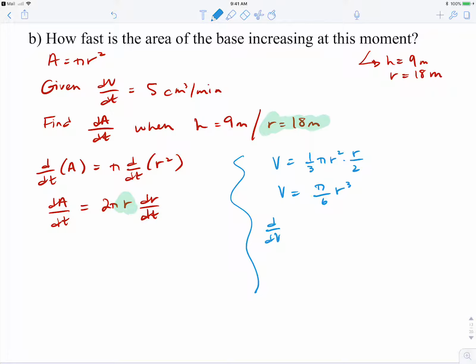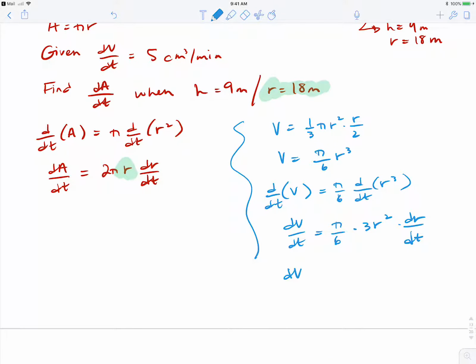If we take the derivative of this equation, we get dV over dt equals 2 pi over 6 times 3r squared times dr over dt. So dV over dt equals 2 pi over 2 r squared dr over dt.